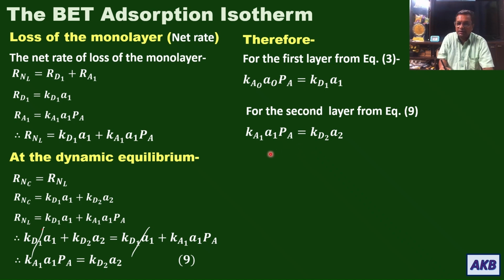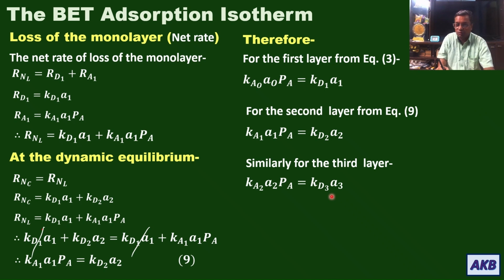So accordingly, we can write this type of equation for the remaining layers. For example, similarly, for the third layer, you can easily understand this kind of equation will be written as Ka2 into A2 into Pa, that is equal to Kd3 into A3, where Ka2 into A2 into Pa gives the rate of adsorption on the bilayer, and Kd3 into A3 gives the rate of desorption from the third layer of adsorbent molecules.